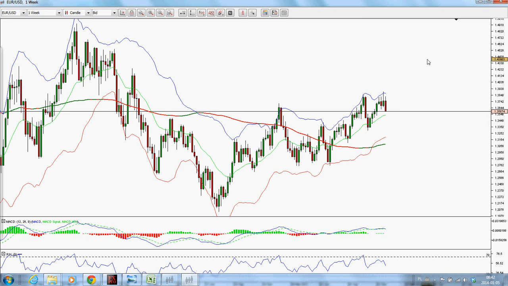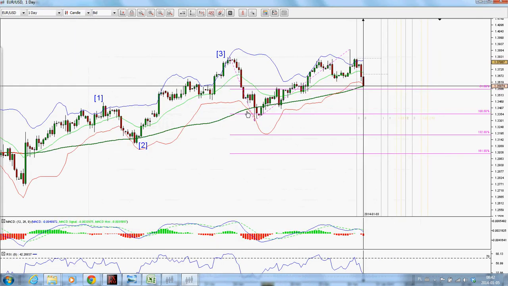And on the daily chart, we have this development. This was an A, this was a B, and this is the C developing. If I go to the 6-hour chart, you will have this on my 6-hour chart.